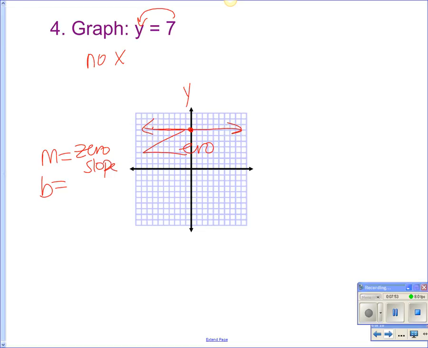Like, what's the B asking for? The y-intercept. Ethan, does this one cross the y anywhere? Where does it cross? At 7. That one does cross the y. So that one does have B. B is 7. Okay.